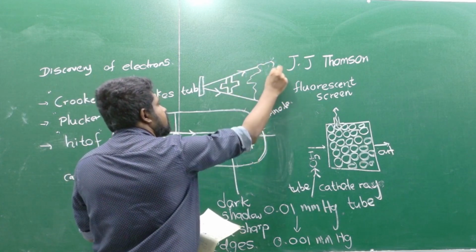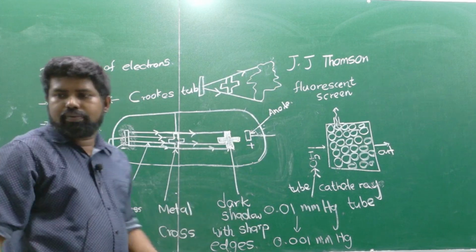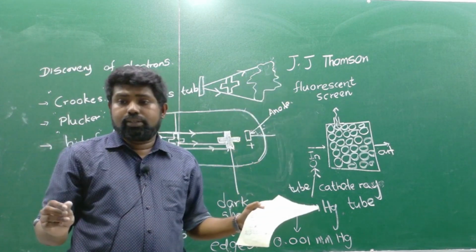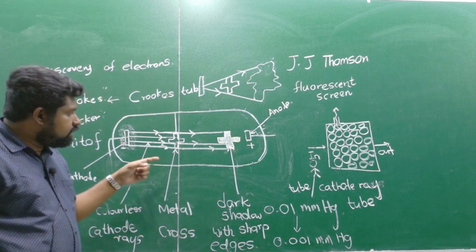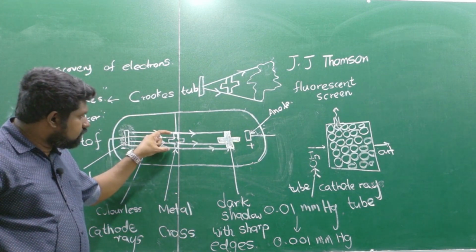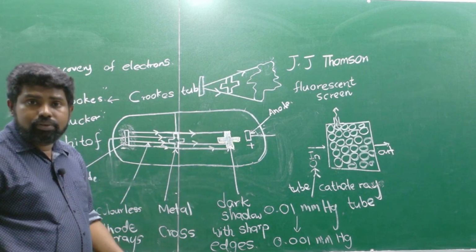The object would be observed as a blur, not sharp edges. But as the cathode rays travel in a straight line path, the sharp edges were observed very sharply. Okay, that was the reason.